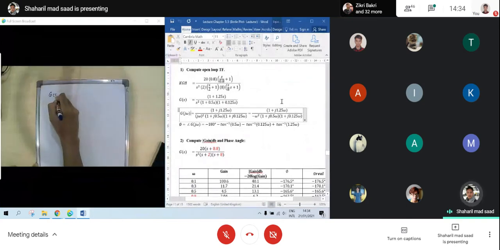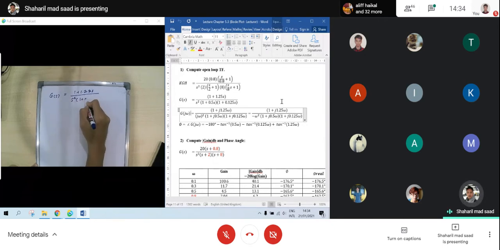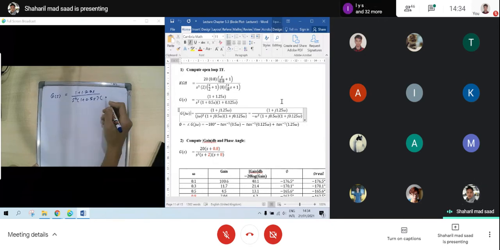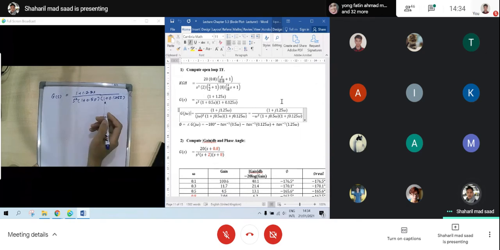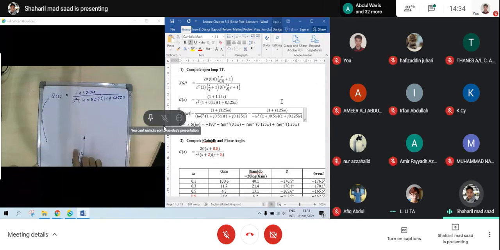So you get G(s) equal to 1 plus 1.25s divided by s squared times 1 plus 0.5s times 1 plus 0.125s. You can use this straight away to get the values in the table, but my advice is you put jw there.